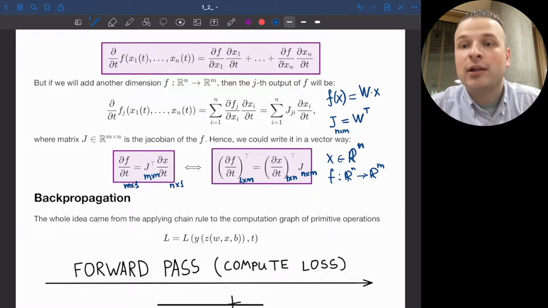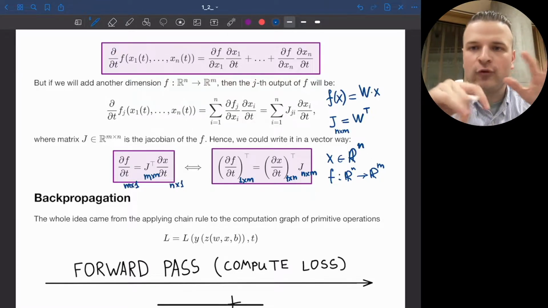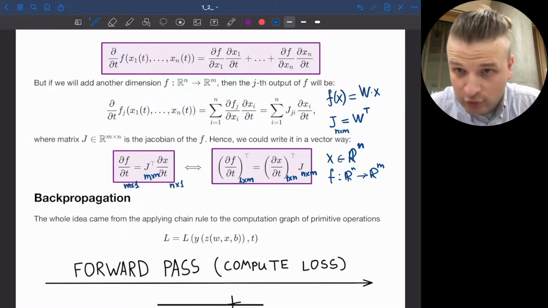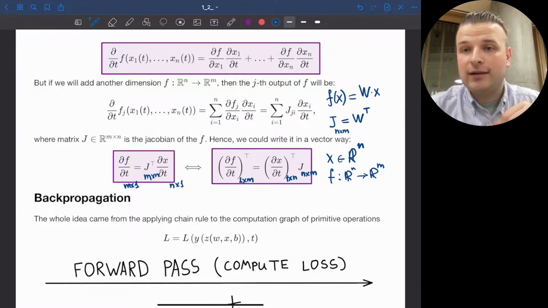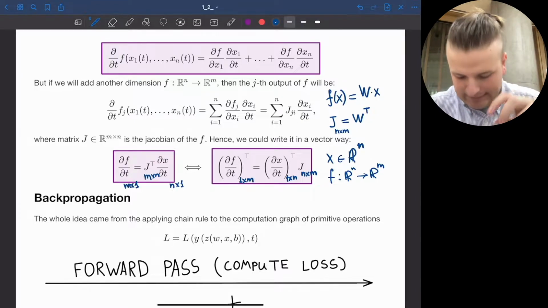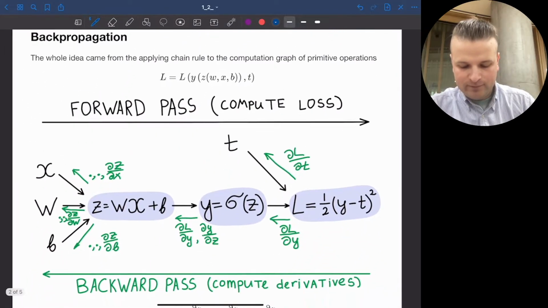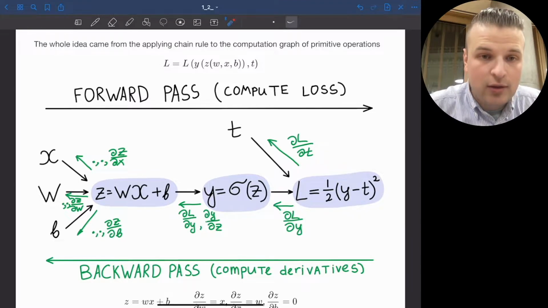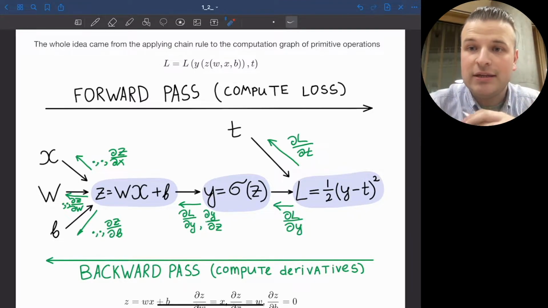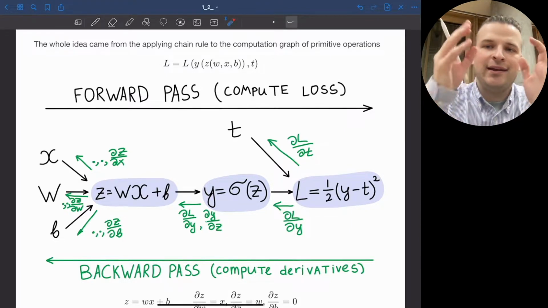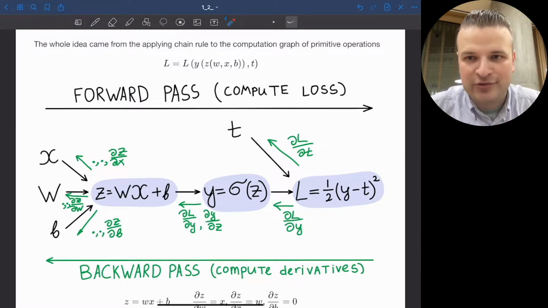Let's take a closer look how all these formulas are connected with, for example, neural network training, or the idea of propagating error, which is called backpropagation here. Let's take a look at a very simple example of a neural network. But it's actually not a real neural network, because typically we have a long sequence of transformations in a neural network.